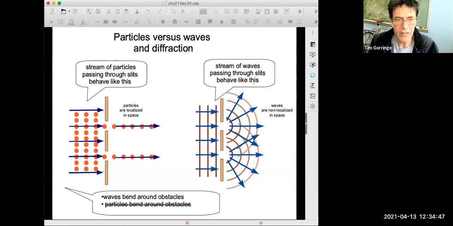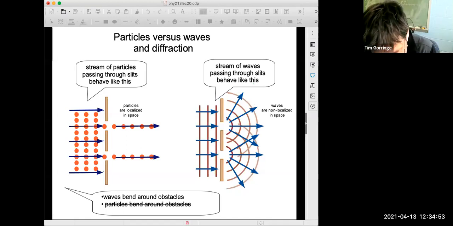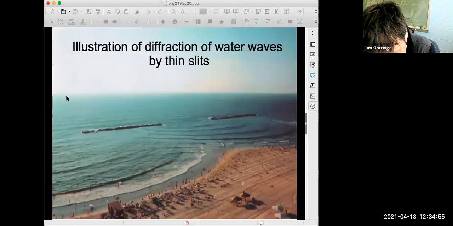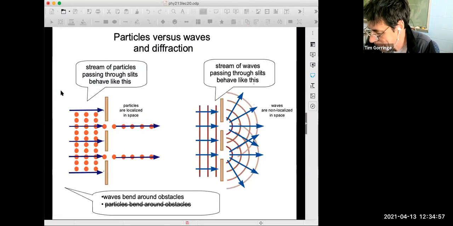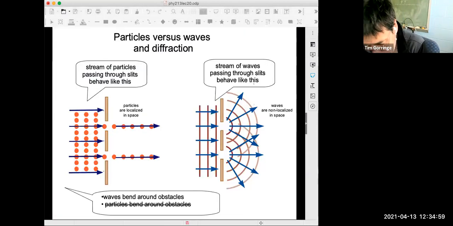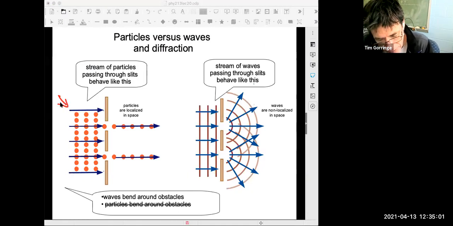And on the right-hand side, I've got a stream of waves that's traveling from the left to the right. So I pictured the stream of particles here, the arrows indicating they're going left to right, and the wave fronts here, the arrows indicating, again, they're going left to right.